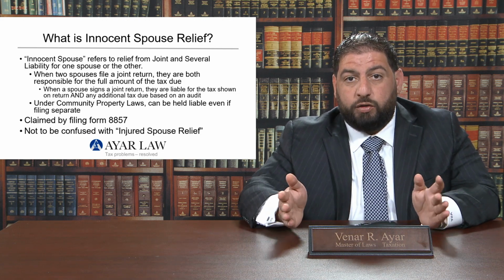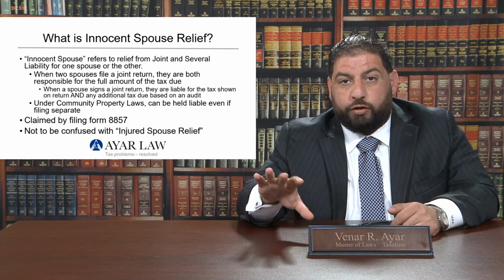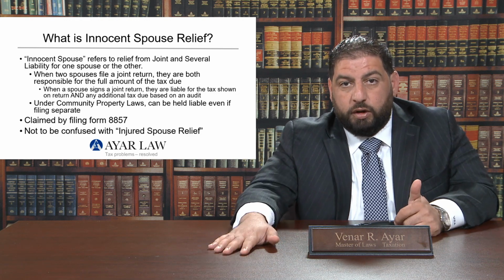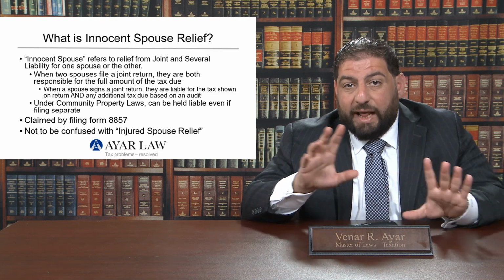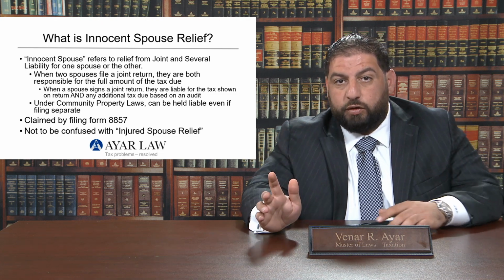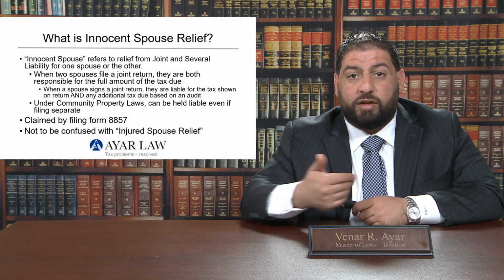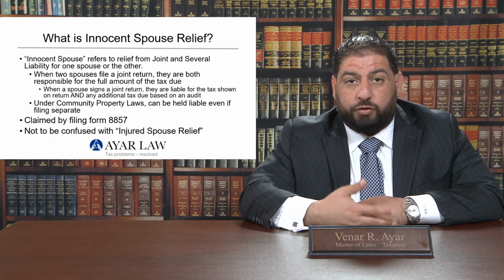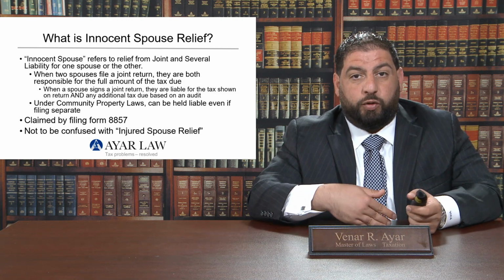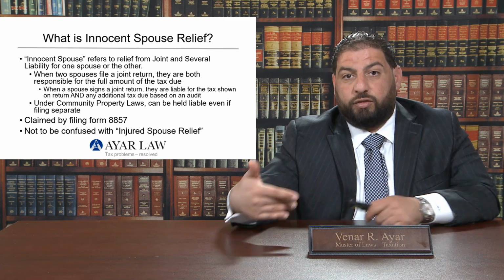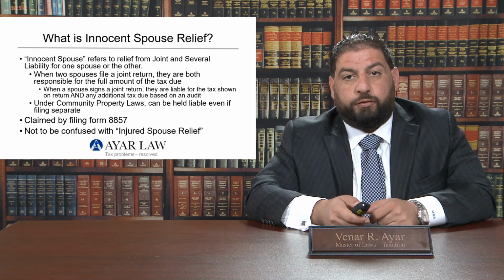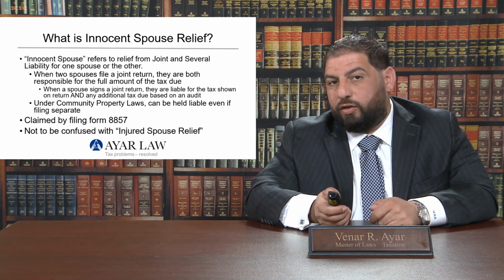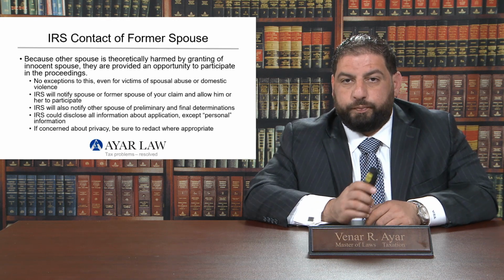So injured spouse deals with when there's a tax refund due and one spouse has a separate IRS debt, you try to allocate the refund between the two spouses so that the government can't take the whole thing. Innocent spouse doesn't deal with refunds. This deals with what happens when taxes are due for that year. Two separate things, but they're often confused because they have similar names.